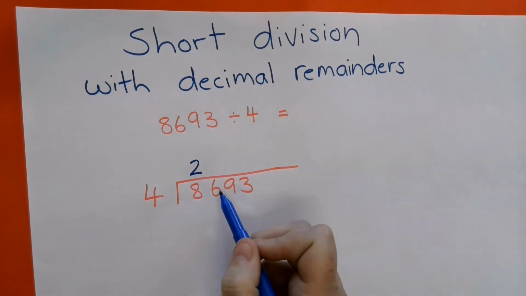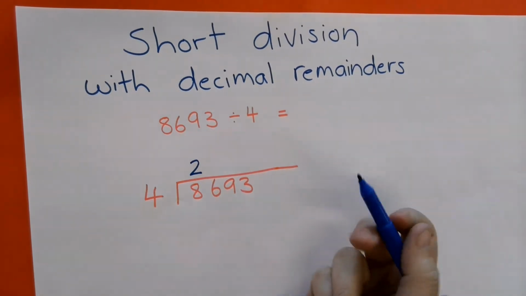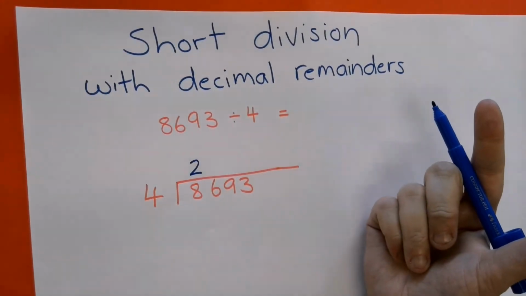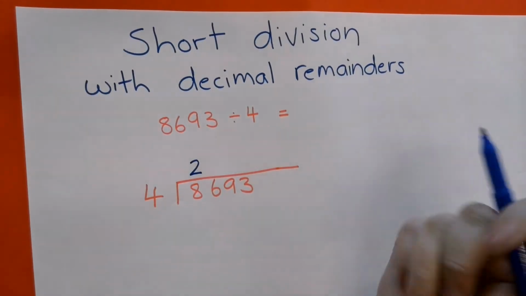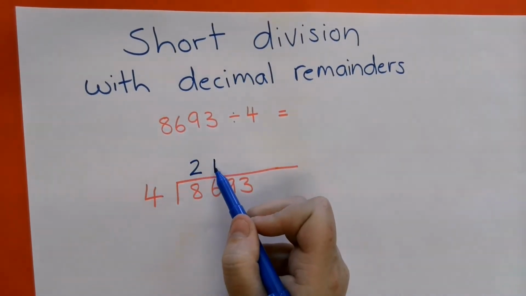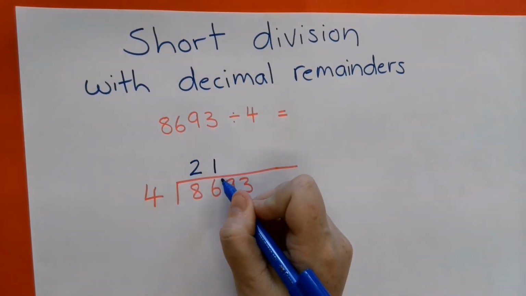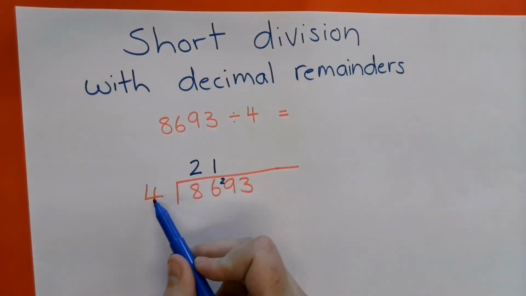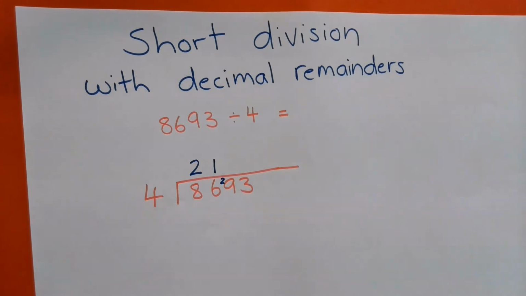I then move on to 6 divided by 4. Using my multiples, I can go 4, 8. 8's too many, so 4 goes into 6 1 time. 4 times 1 is 4, but I have 6, so I have 2 left over. So I now have 29. How many times does 4 go into 29?